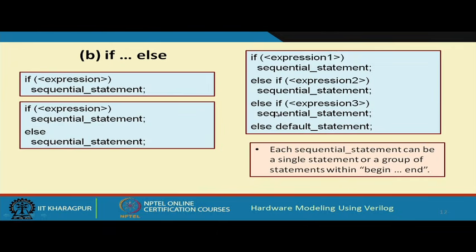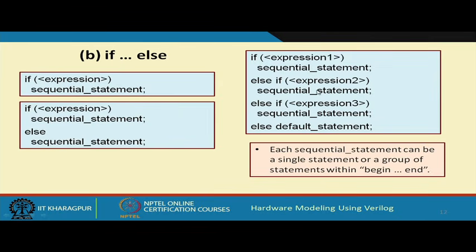Now, in the third version we are showing nested if then else, if else. It says if expression 1 is true, then you execute this sequential statement, else if expression 2 is true, then execute this, else if this is true, then execute this, otherwise the default statement. So, you see the expressions are checked in a particular order.